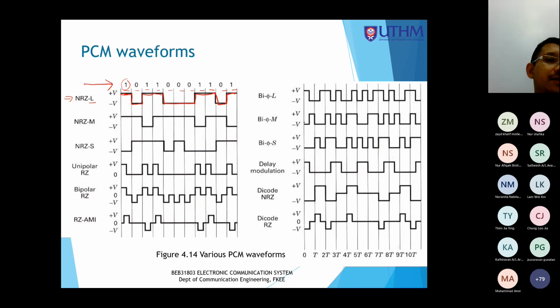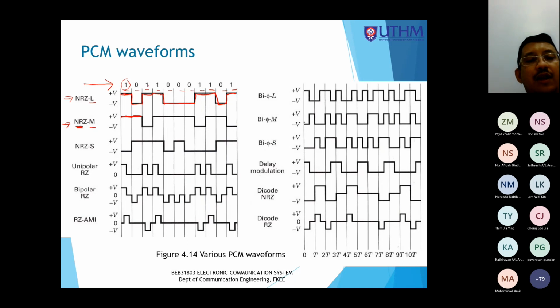Then the second one is non-return to zero mark, M for mark. Again, non-return to zero means it will not return to 0 volt. The word mark here means that it will alternate whenever the input is logic 1. At the beginning, logic 1 produces positive voltage, logic 0 no change, it remains the same.